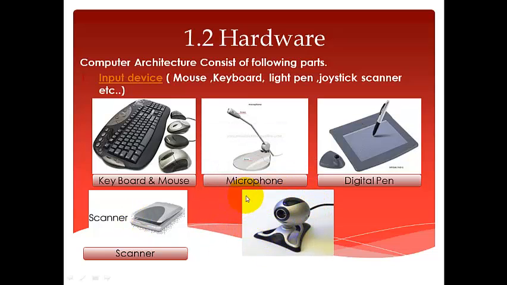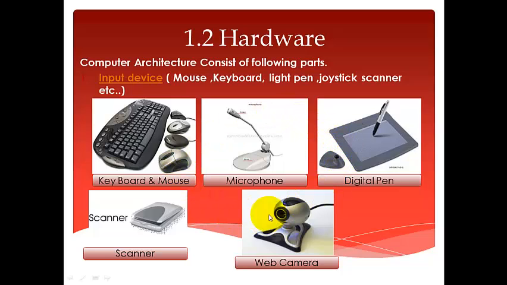Next comes the web camera. Whenever we want to use image and video as input, we can use a web camera. Again, to repeat: keyboard is used to provide text input, mouse is a pointing device, microphone is sound input, digital pen is a digital input, scanner is an image input, and webcam is either image or video input.